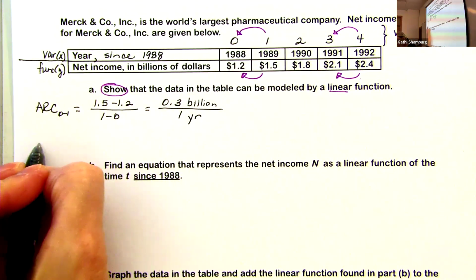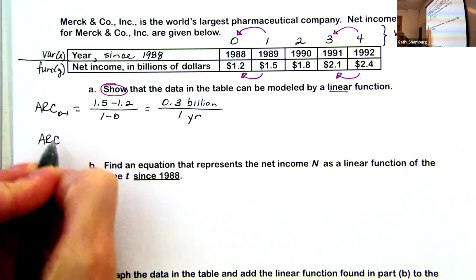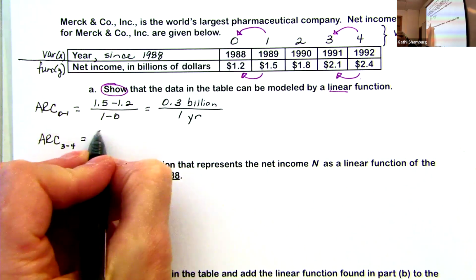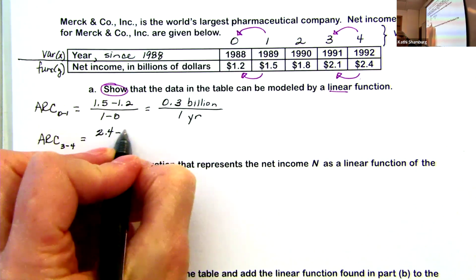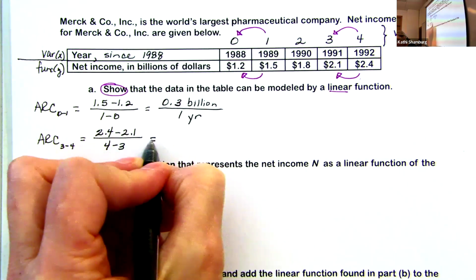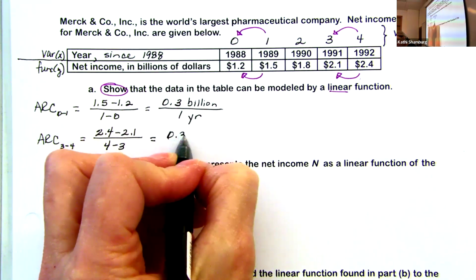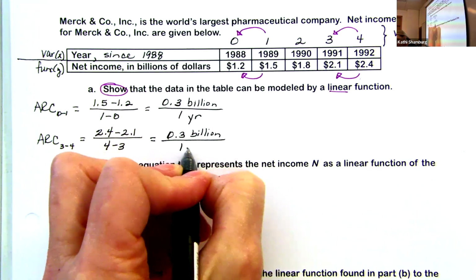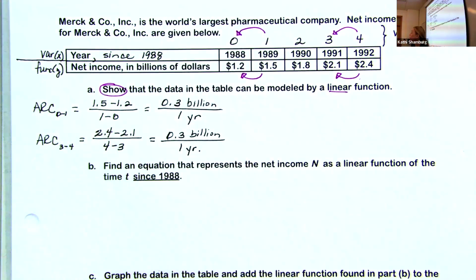And then we're going to do that exact same thing from year 3 to 4. So we get 2.4 minus 2.1 over 4 minus 3. So we're also going to get 0.3 billion per 1 year. Okay, so have we shown that it's linear?